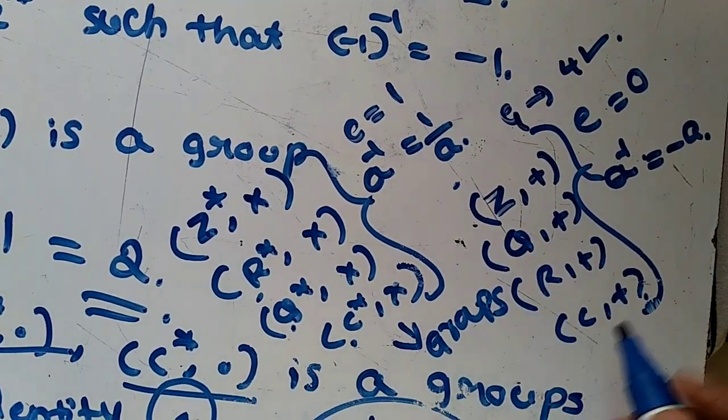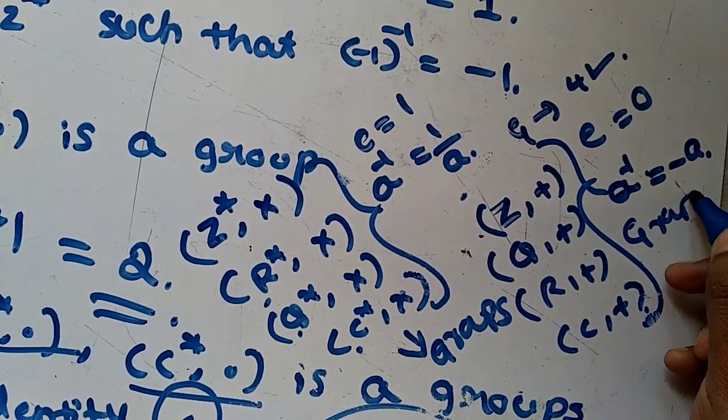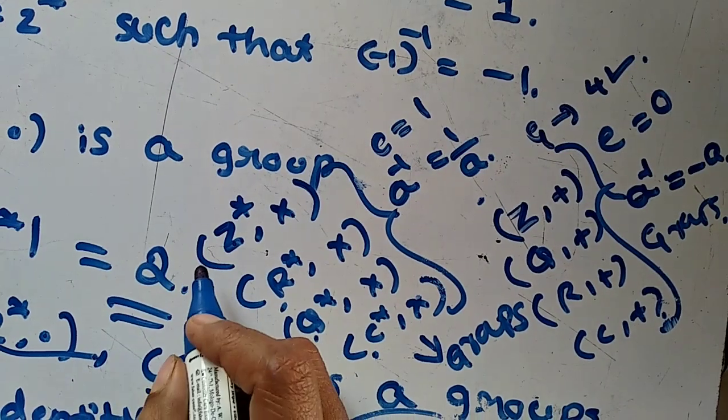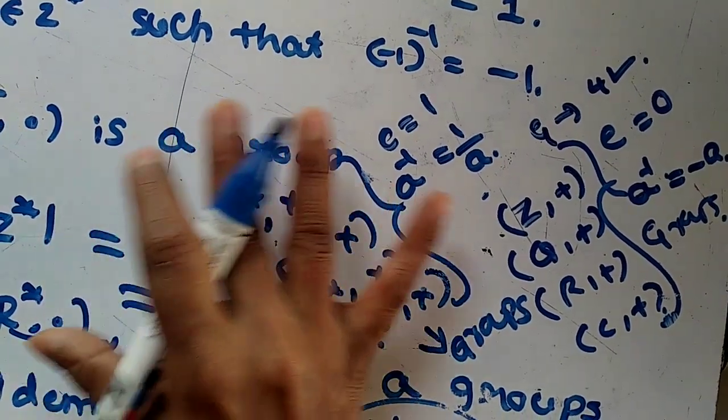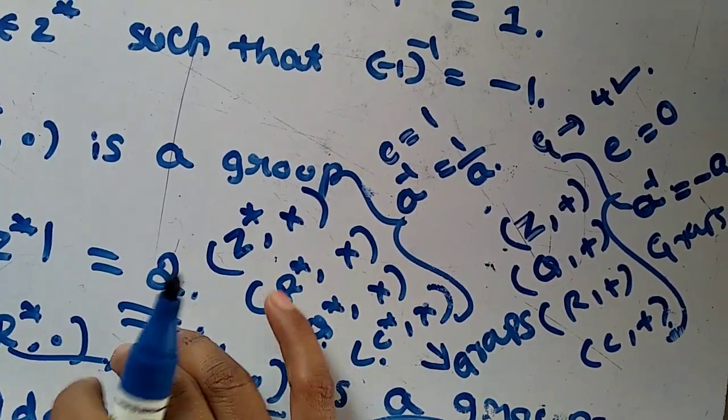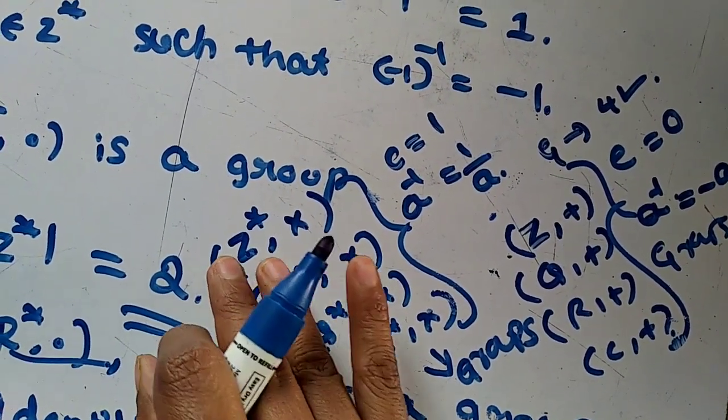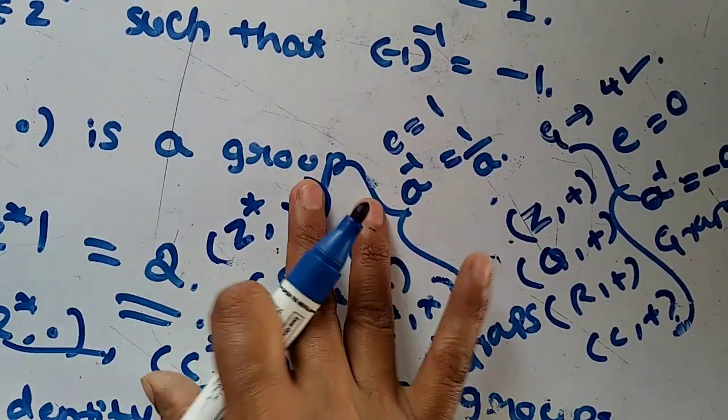Got it? Z with respect to multiplication and R with respect to multiplication are not groups, because they fail the inverse law.